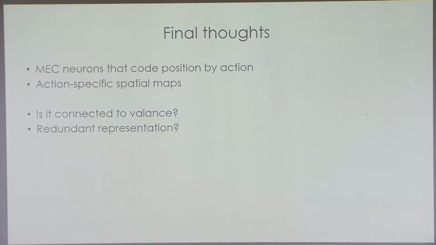The second question, and I'm happy to hear your thoughts about this: why do we get this redundant representation? Why would we have a representation of one position with one action? Why not have a landing cell or takeoff cell and a position cell and activate them together?